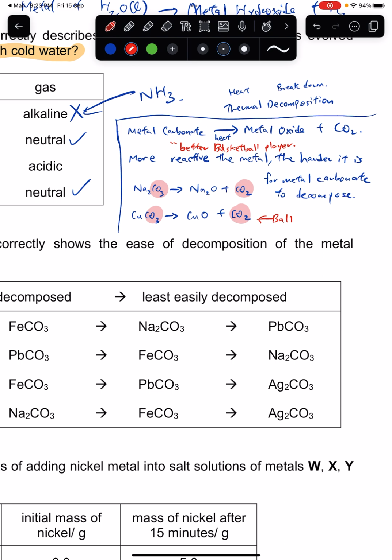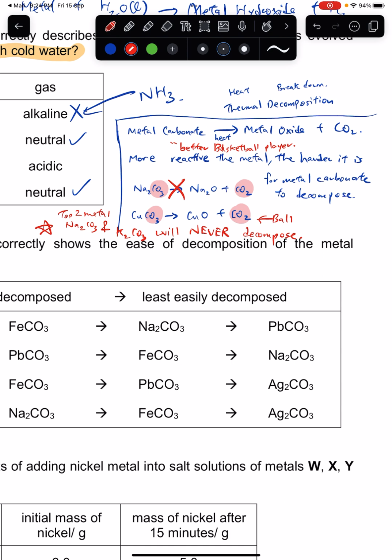To what extent? To the extent that the top two metals, sodium carbonate and potassium carbonate, will never ever decompose. It is not even possible. So this does not take place.